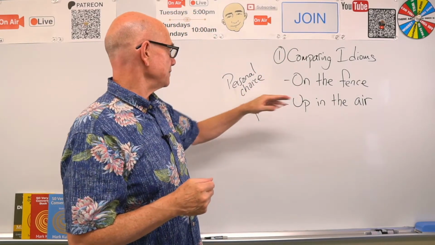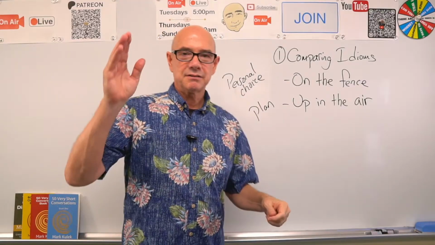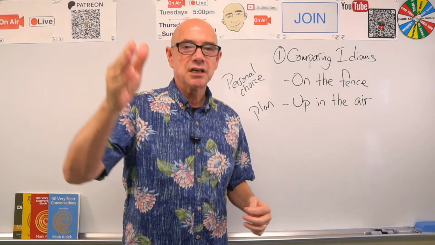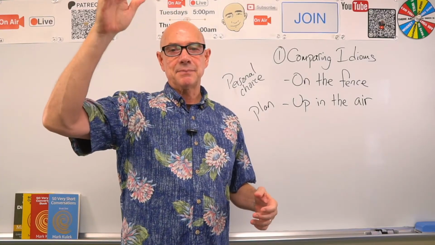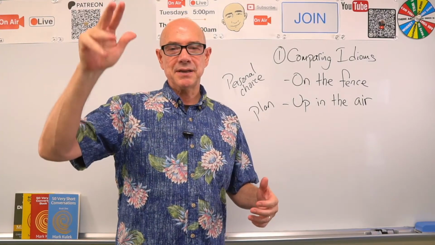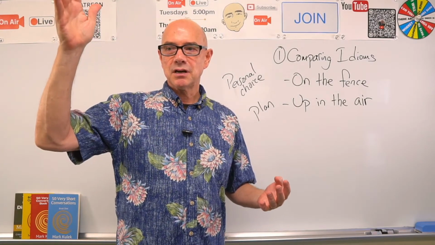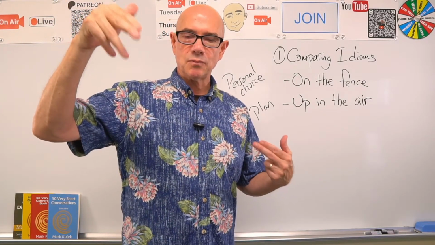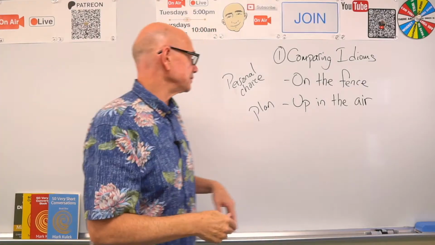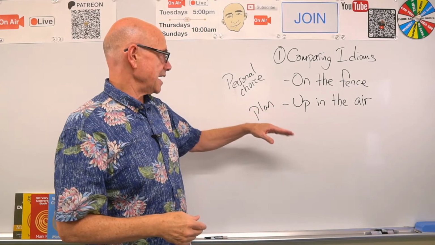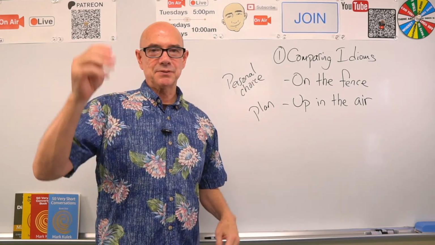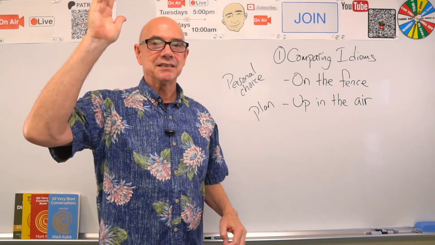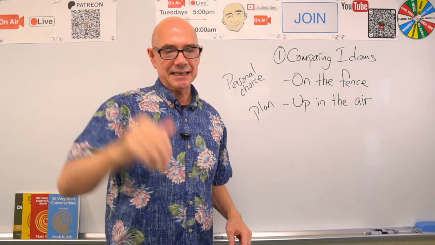And we use on the fence for personal choice, like you're thinking about buying something, but you're not sure. And so you might be on the fence about buying a new computer. You might be on the fence about doing some work around the house, for example. Personal choice. Up in the air, it's a plan. For example, our summer vacation is up in the air, right? The final plan has not been decided.